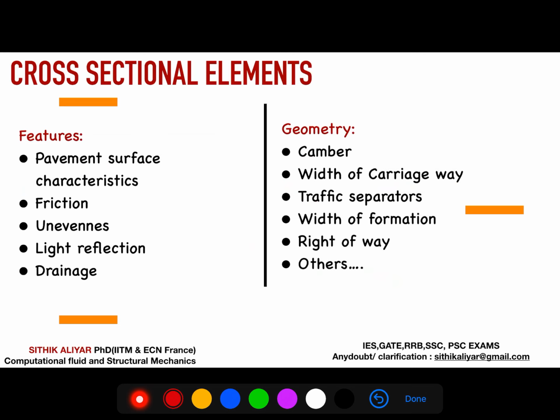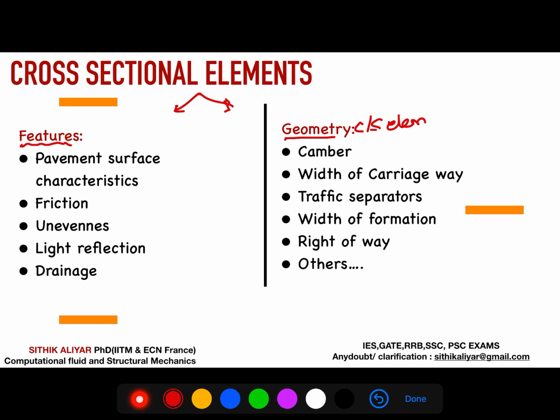In the cross-sectional elements, you should understand there is something called features. You should know the cross-sectional element features, and then the geometry. I am dividing the sections into some features you should know before understanding the real geometry or real cross-sectional elements available in the road.